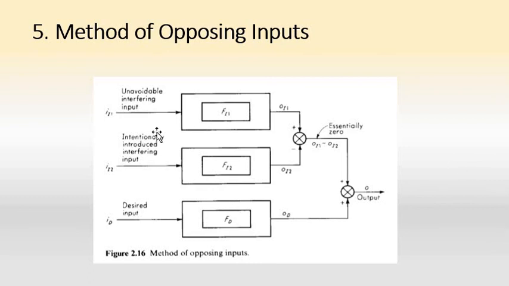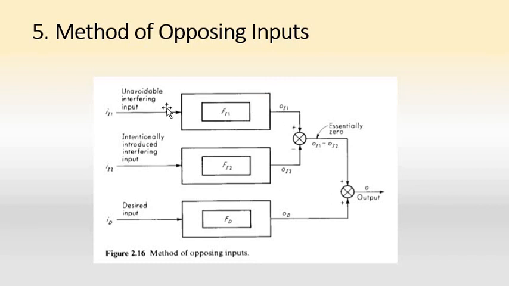Here what we are doing, we are intentionally providing an opposing input which opposes the interfering input or modifying input. Okay, so here also we need to know the value or magnitude of the interfering input, then only can we generate an equal and opposite interfering input, and this equal and opposite interfering input will cancel out the effect of the interfering input. As a result, you can see the output of the interfering input will be 0.